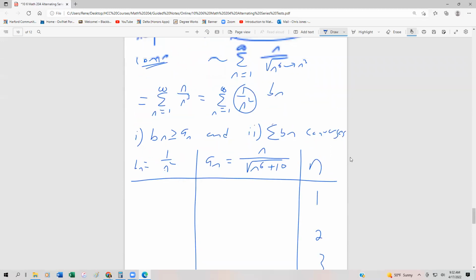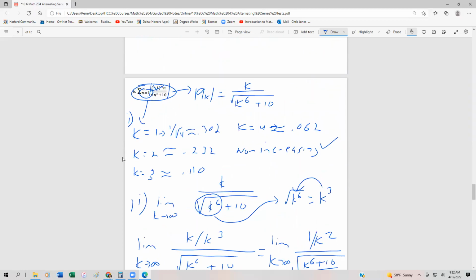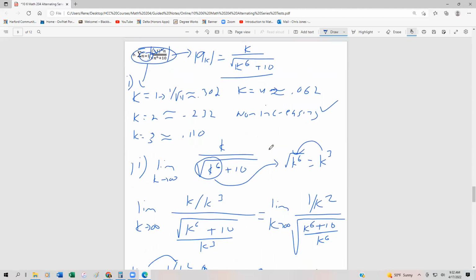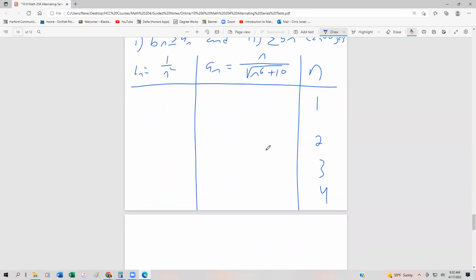Here's some good news: if we go back up, we just did it for this, so we can copy these values back in for b sub n, because we just approximated them for the other. So this is 0.302, and right here, that was 232. And this is 0.110.